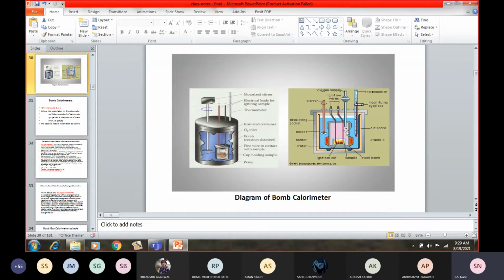So the time required for the reaction of oxides of nitrogen and sulfur with water is large. At the same time, the pressure is high, temperature is high. So in that condition, water reacts with oxides of nitrogen and sulfur, and therefore produces acid, and that is why we do the acid correction.